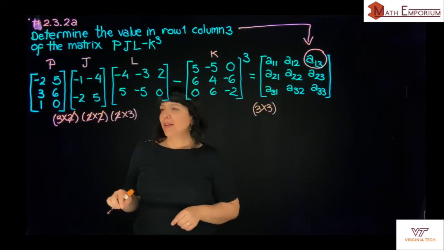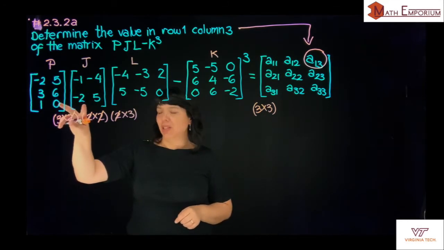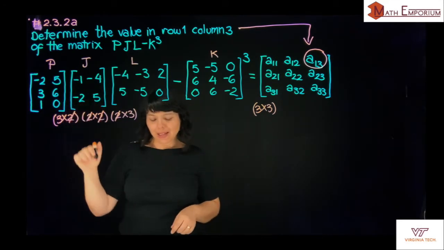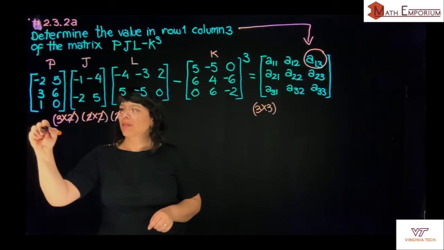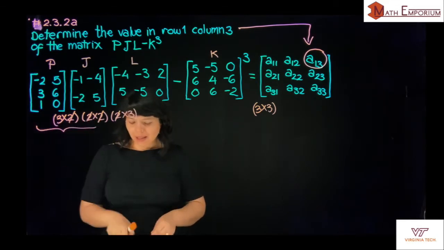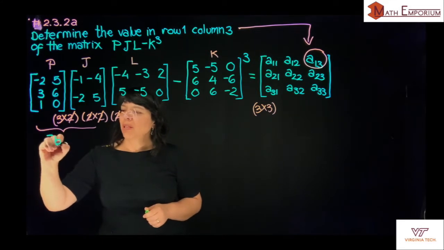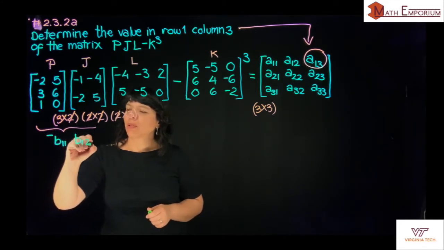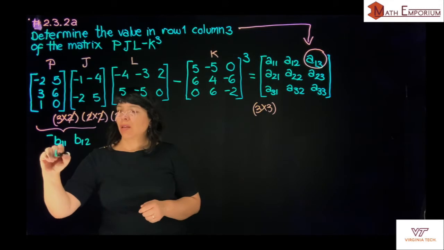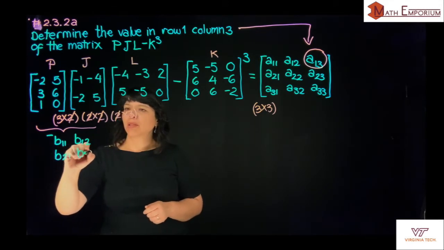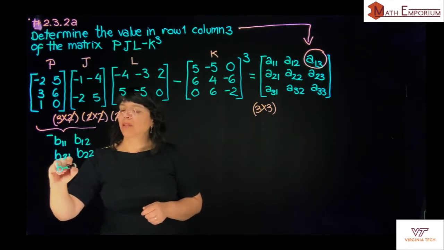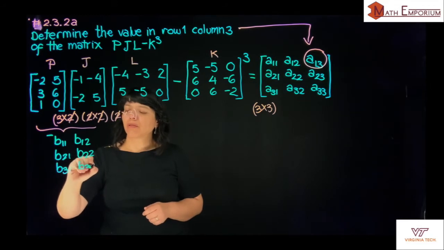Suppose that when I multiply these two matrices, I get a matrix that I'm going to call B11, B12, B21, B22, and B31, B32.